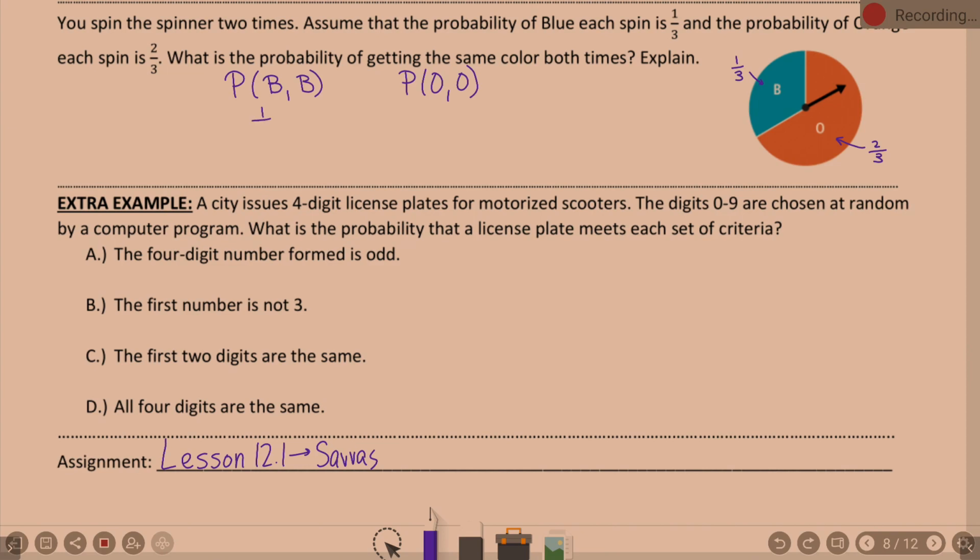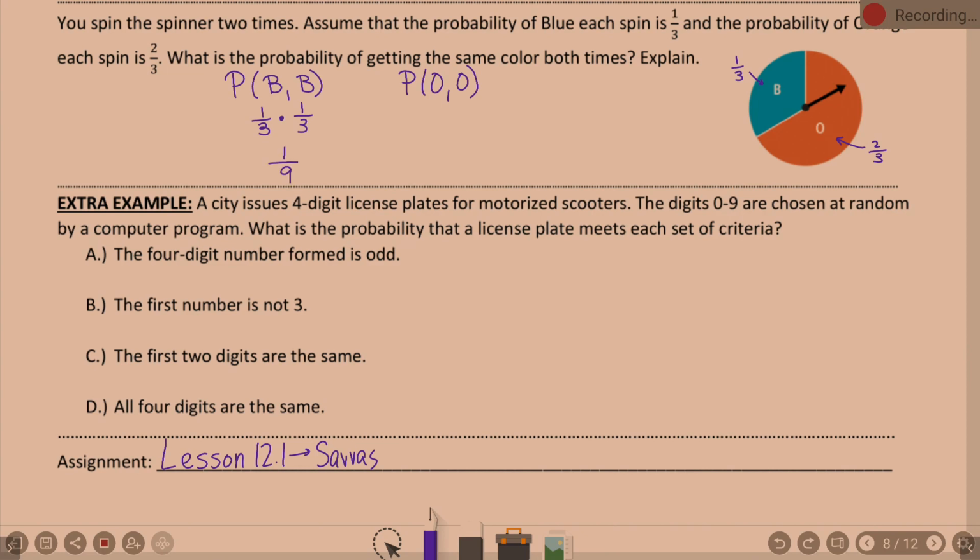What's the probability of getting blue the second time? 1/3. Now, spinning the spinner twice. You spin the spinner once, you spin the spinner a second time. That's 2 separate events, yes? So since that's 2 separate events, we're going to take the 1/3 and the 1/3, and we're going to multiply. 1/3 times 1/3 is 1/9.